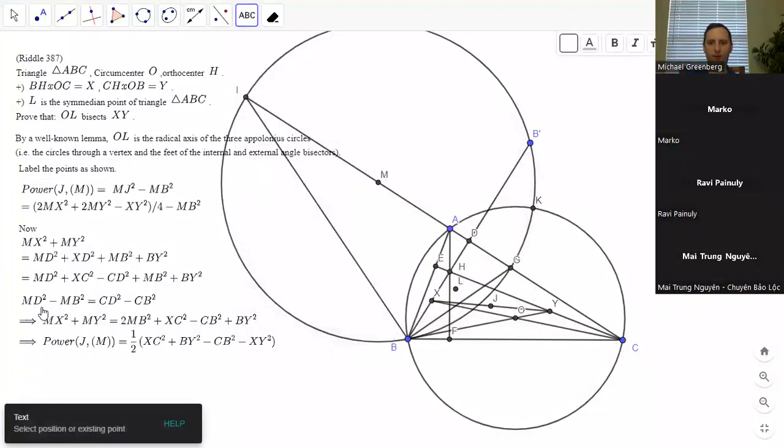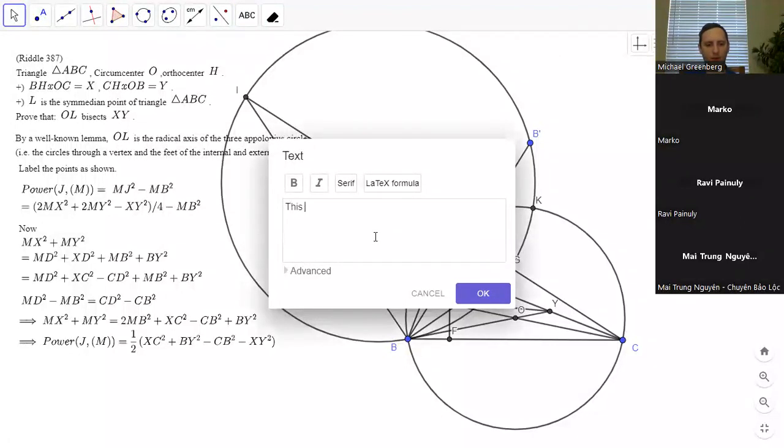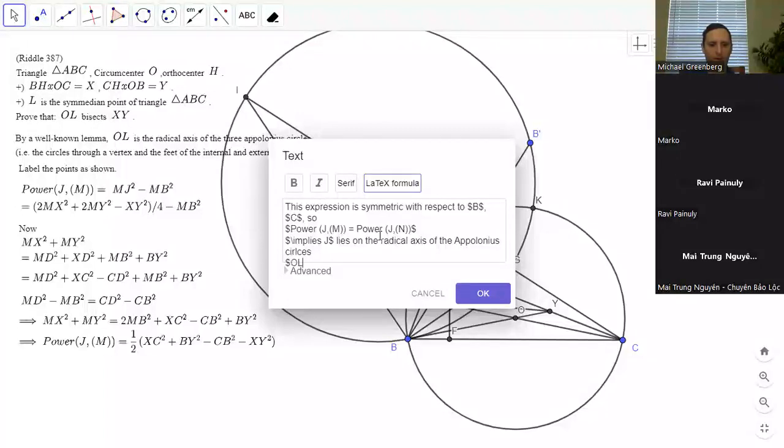So this is symmetric with respect to B and C. So we have the power of J with respect to M is equal to the power of J with respect to N. So that means that J lies on the radical axis of Apollonius circles. And that means that OL bisects XY.